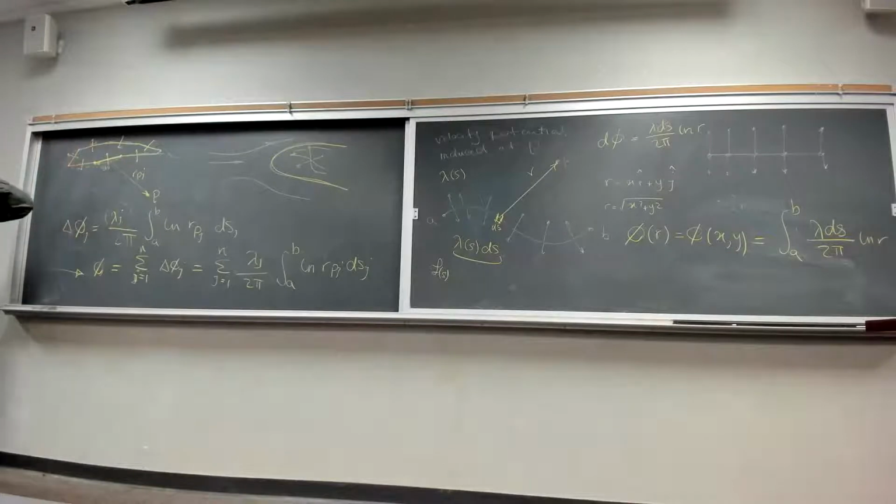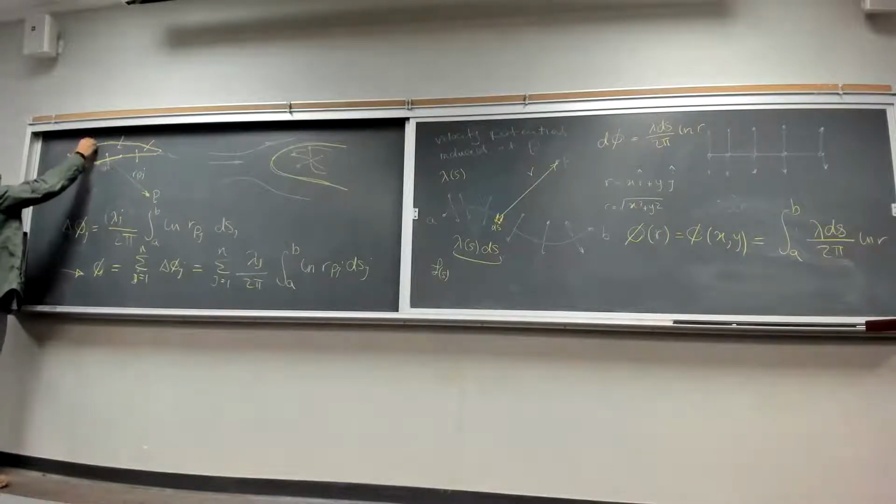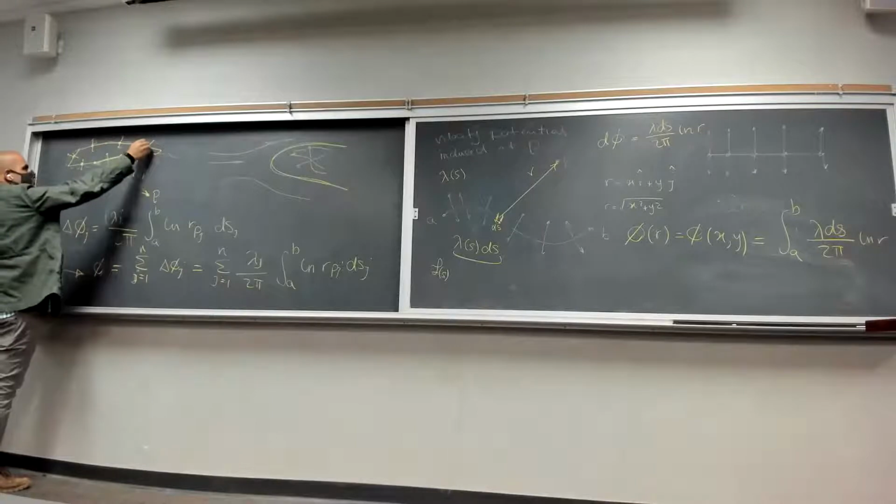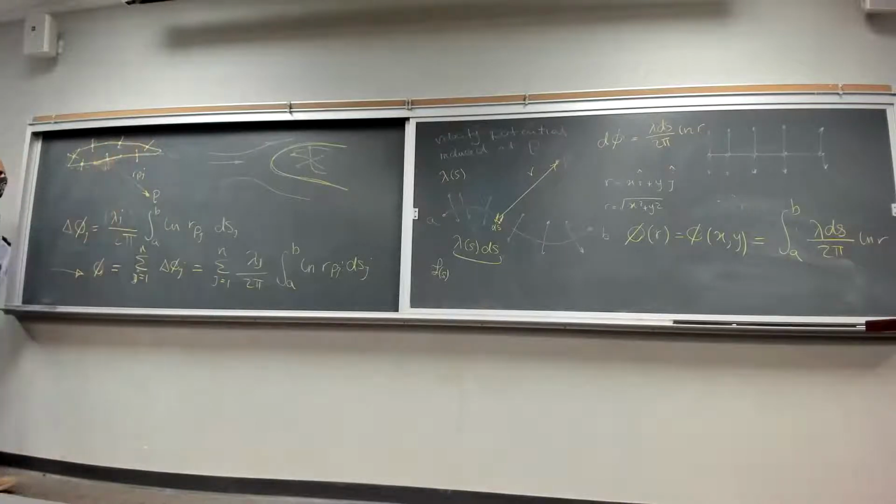How much velocity potential is induced by, for example, these other panels on this one. So we want to move the point P onto the panels themselves. And all of these panels are represented by a control point that is in the middle of them. Does this make sense?